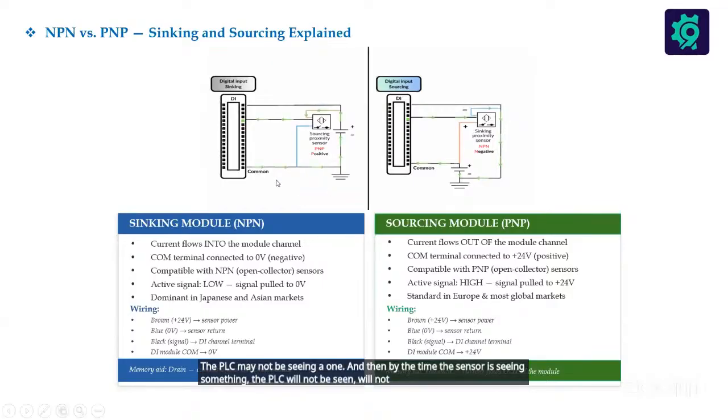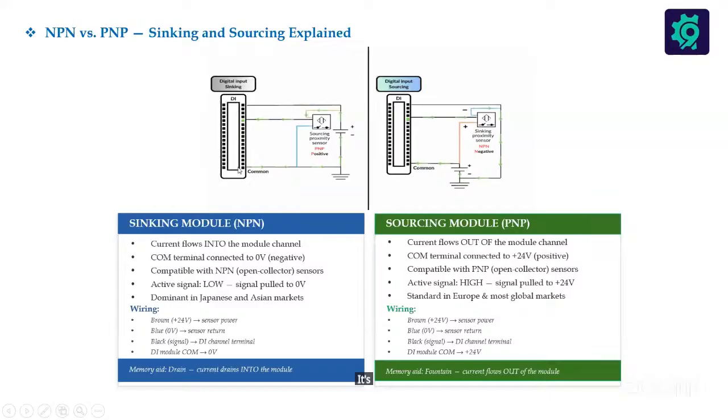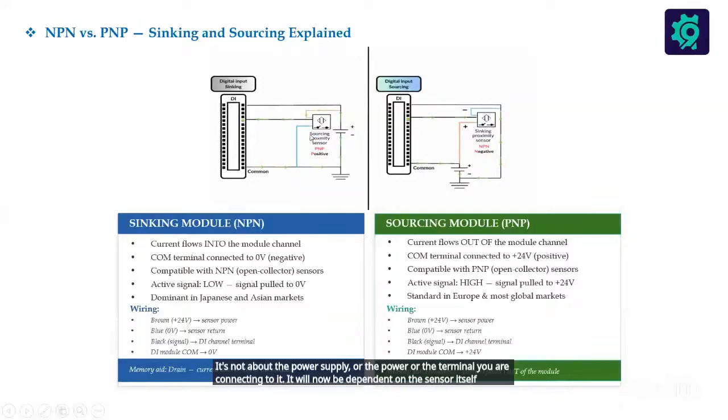So in this case, it's not about the PLC having one or zero. It's not about the power supply or the terminal you are connecting to it. It will now be dependent on the sensor itself. So is the sensor sensing something? Send signal of one. If it is not sensing, send signal of zero. For the NPN, if it is sensing something, send the signal of zero. If it is not sensing something, send a signal of one.